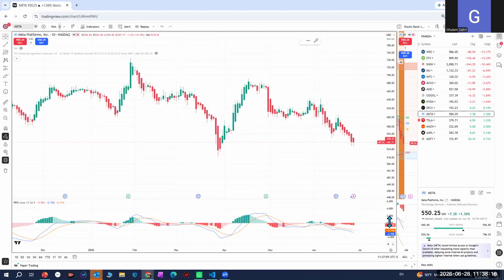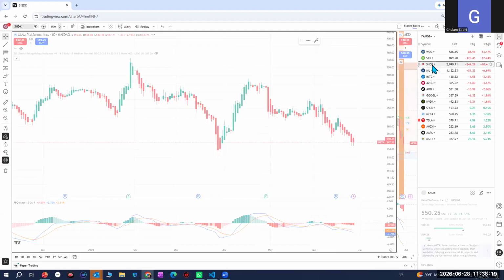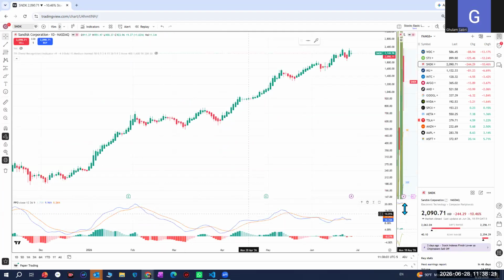At times, you will see something like, you see Sandisk, for example. You will see crazy values, because when Sandisk was rapidly advancing, it was around 20%, 16%. Now, this means the faster moving average was rising at a 16% higher rate than the slower moving average, which is unsustainable. And that's why it's bound to come down.